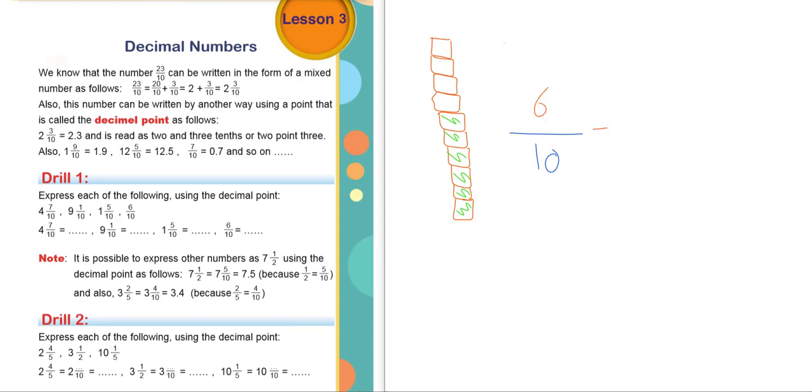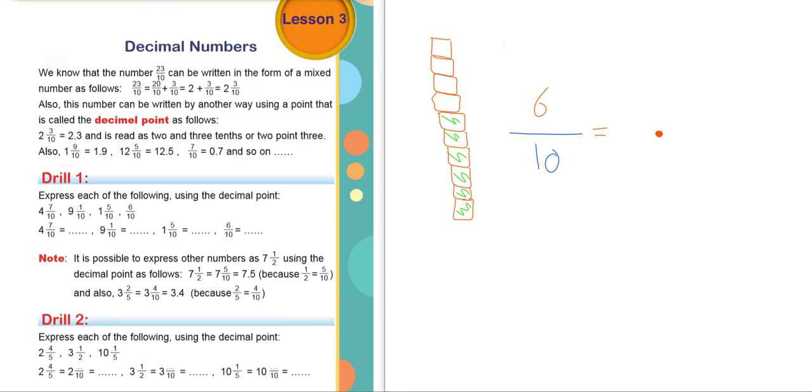So as I said before, fractions which have denominator 10 can be written by using this point. This point is called the decimal point. So I put this point. Then we start from the right, with the numerator.